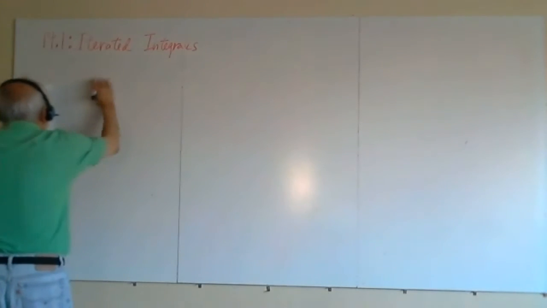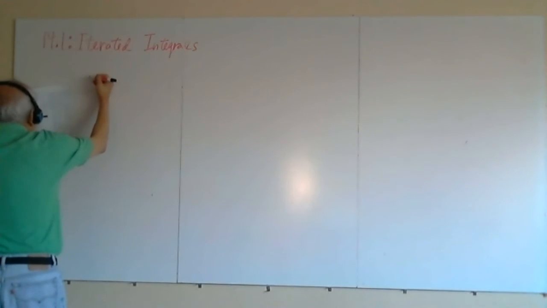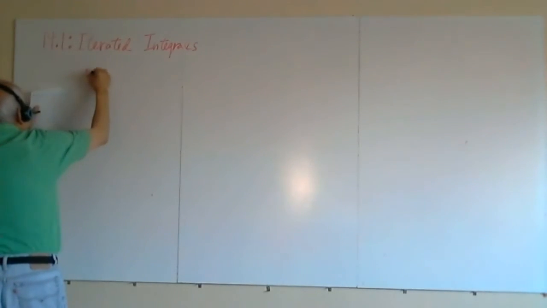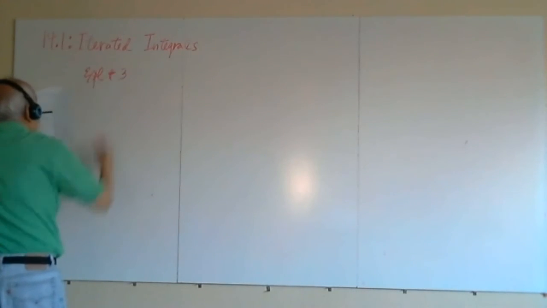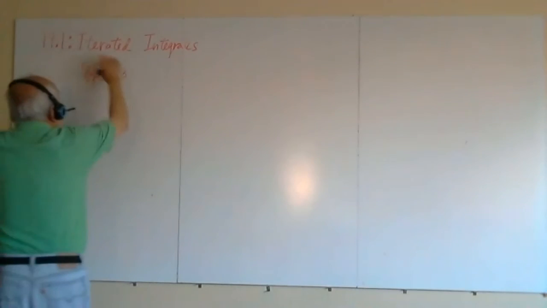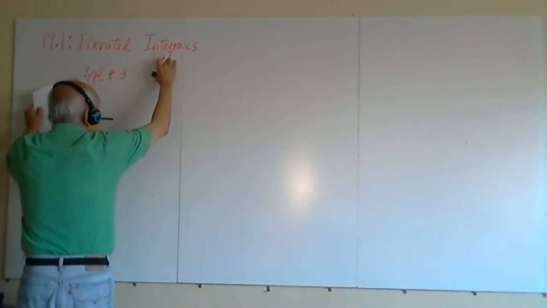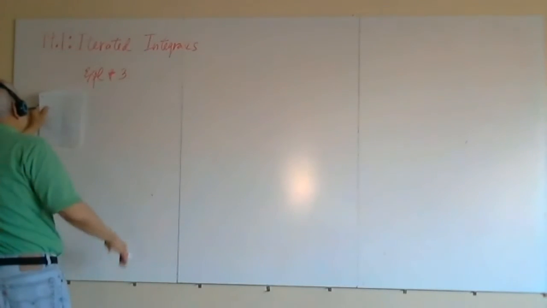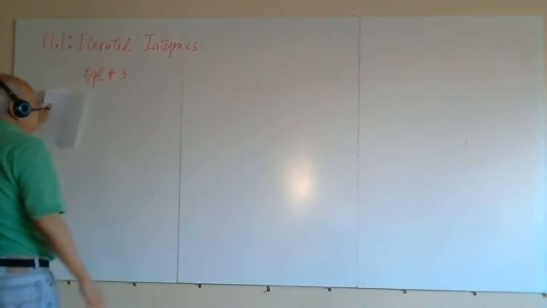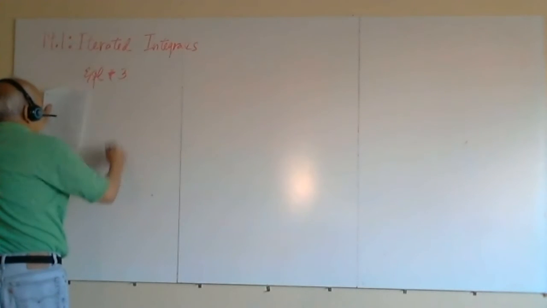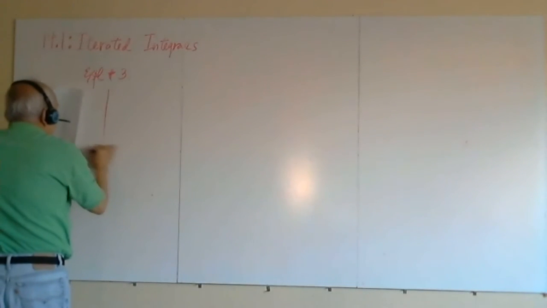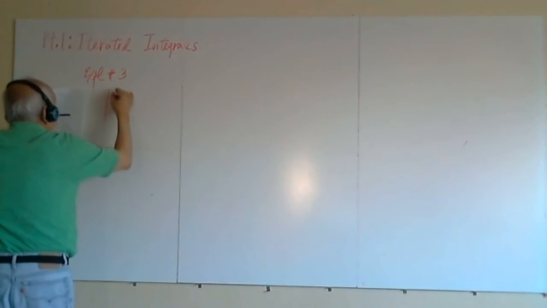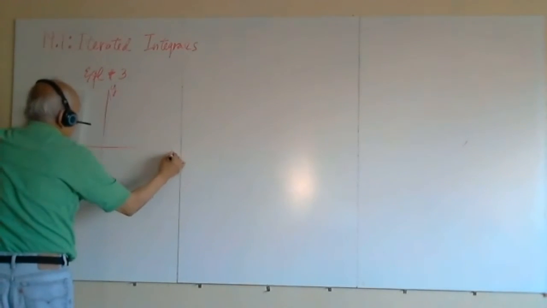This one is example number 3. You need to find the area. We are going to use this to find the area. It's not necessary, but the textbook is using this as a general introduction into the world of multiple integration. In example number 3, this one is y and this one is x.